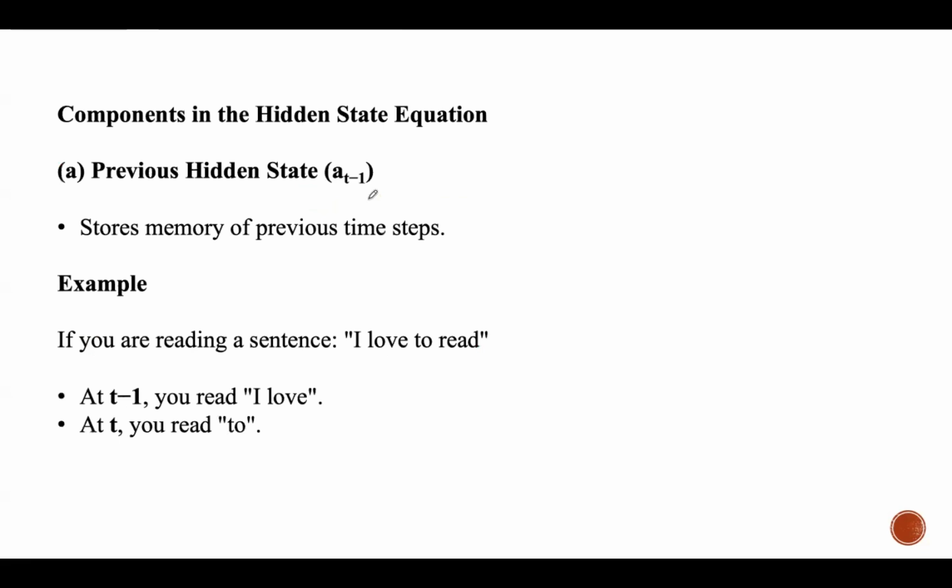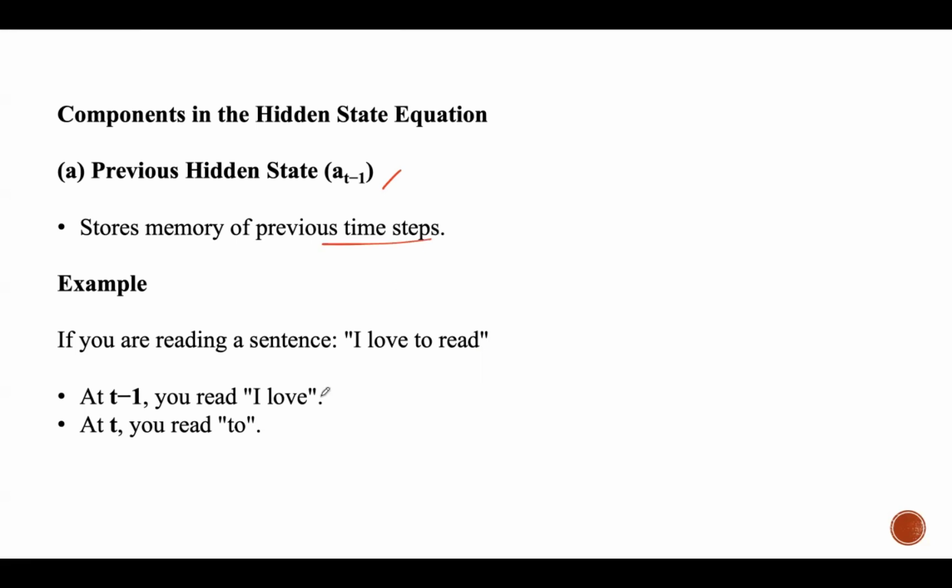Then there are components in the hidden state also. If you take the previous hidden state, A_t minus 1, this hidden state acts as a memory, helping the network retain information from past input. The previous hidden state, A_t minus 1, captures past dependencies and is used to compute the current hidden state, A_t. Mainly it stores memory of the previous time steps.